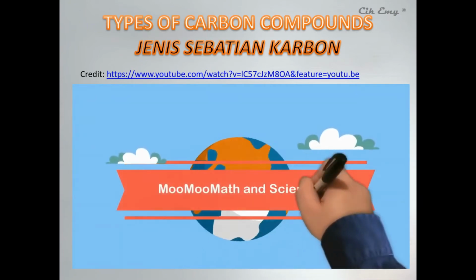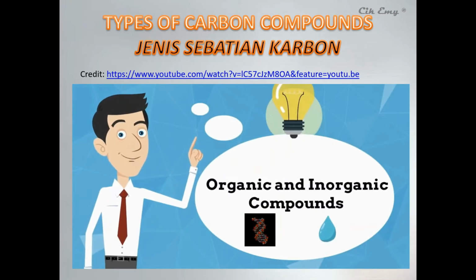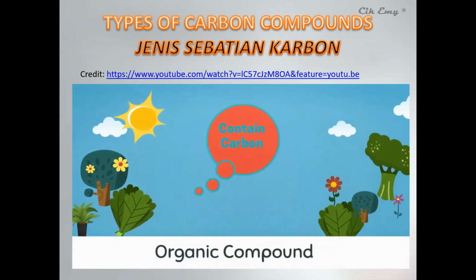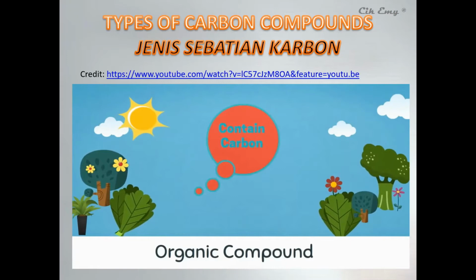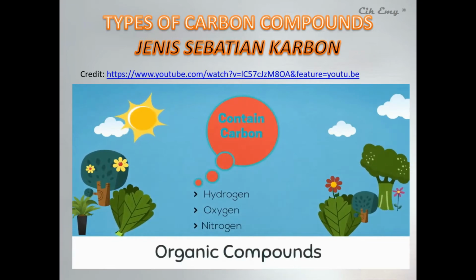Welcome to Buku, Math and Science. In this video, I'd like to talk about organic and inorganic compounds. Many of the compounds found in living things contain the element carbon, which is usually combined with other elements. This large class of chemical compounds, in which one or more atoms of carbon are covalently linked to atoms of other elements, and most of the times it's hydrogen, oxygen, or nitrogen, are called organic compounds.